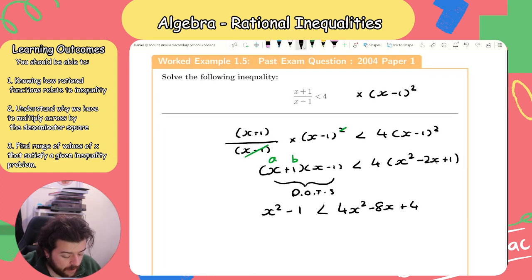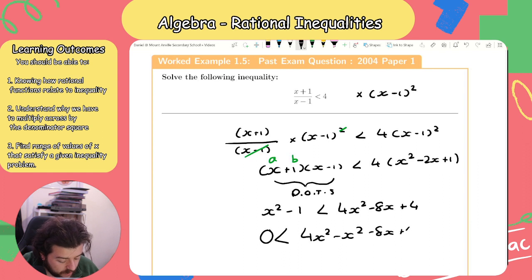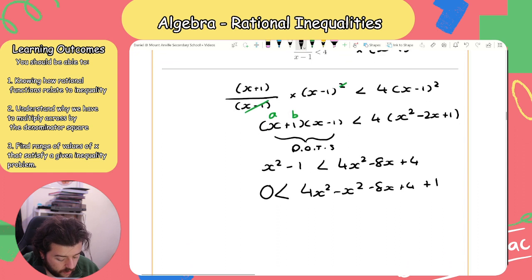So I multiply my bracket here. 4 times x squared is 4x squared. 4 times minus 2x is minus 8x. And 4 times 1 is 4. So I have a quadratic here, and I want to bring everything over to one side. So 4x squared minus x squared, minus 8x, plus 4, then this minus 1 brought over, it's going to be 4 plus 1.